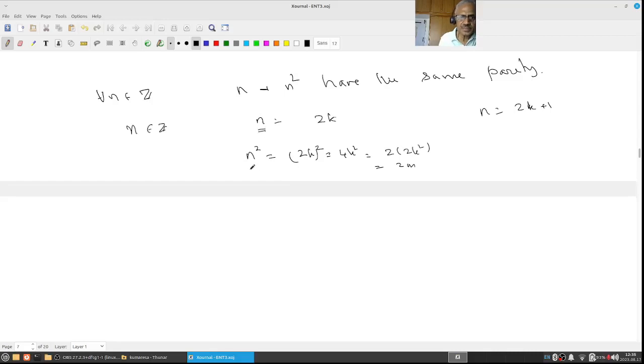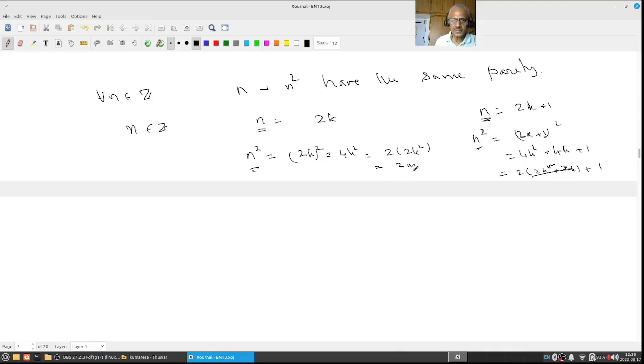If n is even, then n squared is also even. You understand that? And if n is odd, what is n squared? 2k plus 1 whole squared, which is 4k squared plus 4k plus 1, that is 2 times (2k squared plus 2k) plus 1. I hope I did everything correctly. Yes, so this is something like 2m plus 1. Therefore, if n is odd, then n squared is also odd.